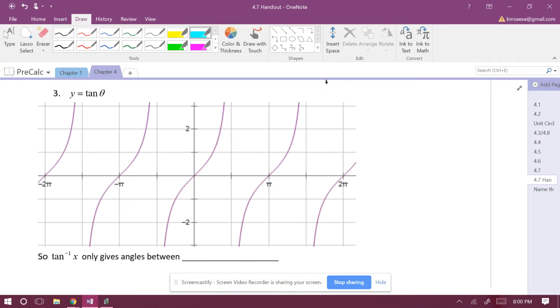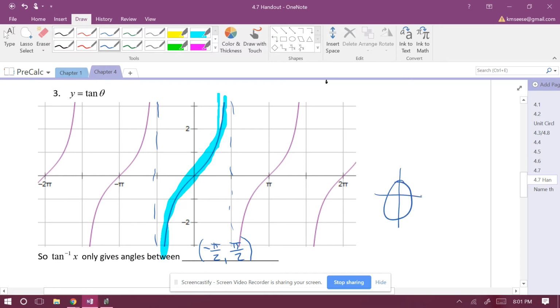Tangent, you can limit by looking at one wave of tangent. By looking at this one period, you can limit the domain so it passes the horizontal line test. So we limit the domain of tangent to be, once again, negative pi halves to pi halves, but this time with soft brackets, because those endpoints are asymptotes, so they're not included.